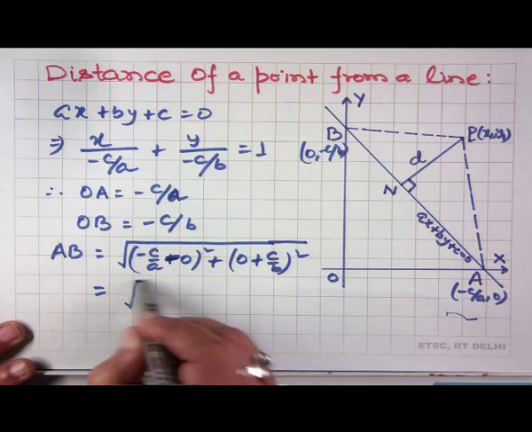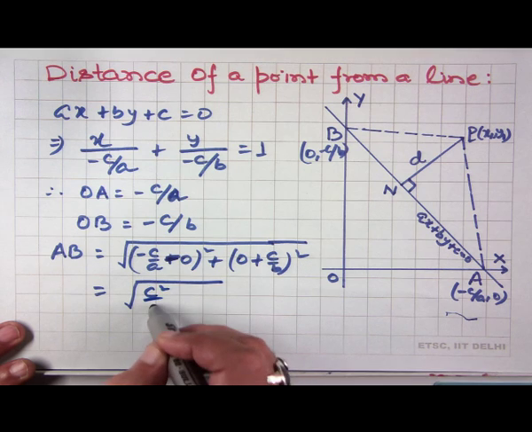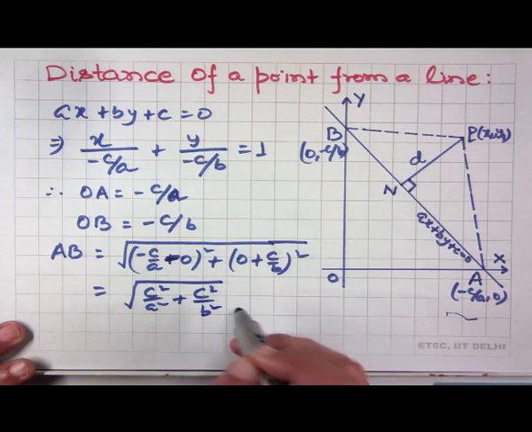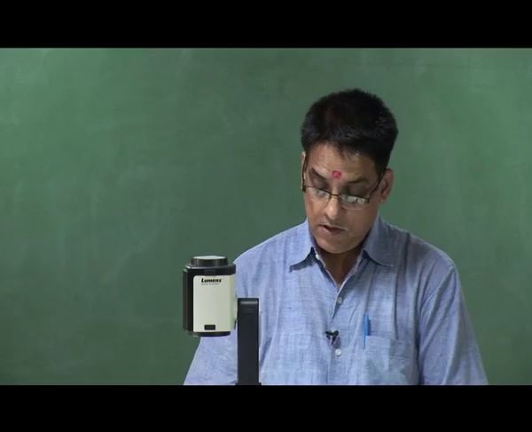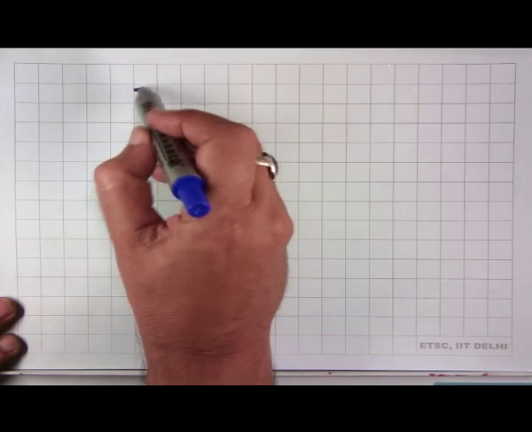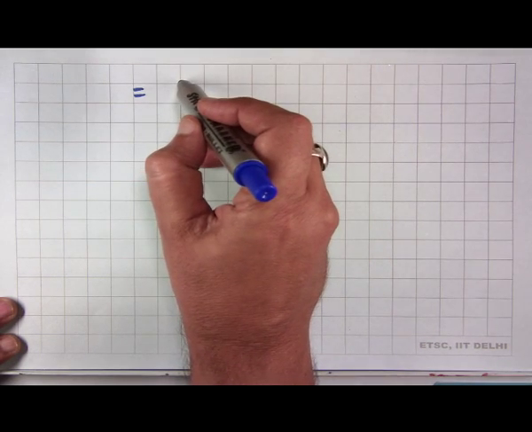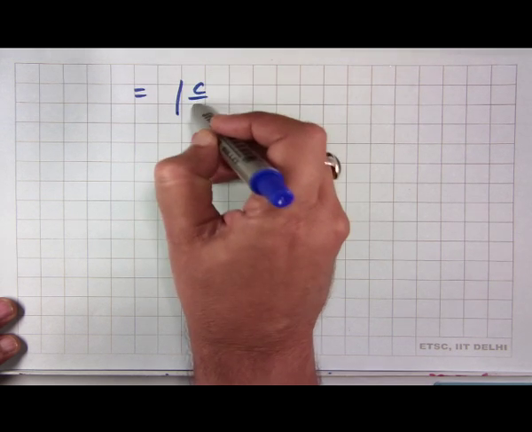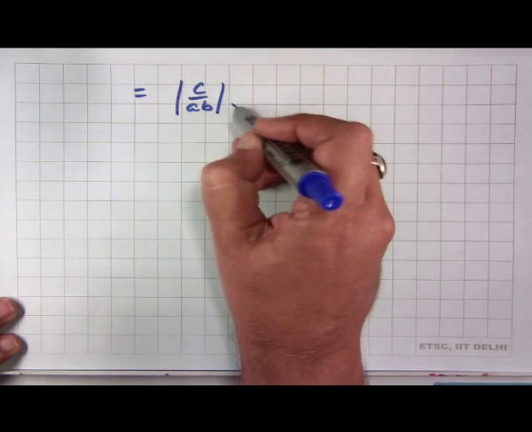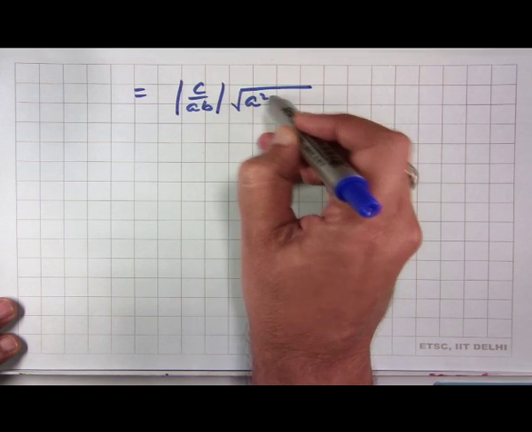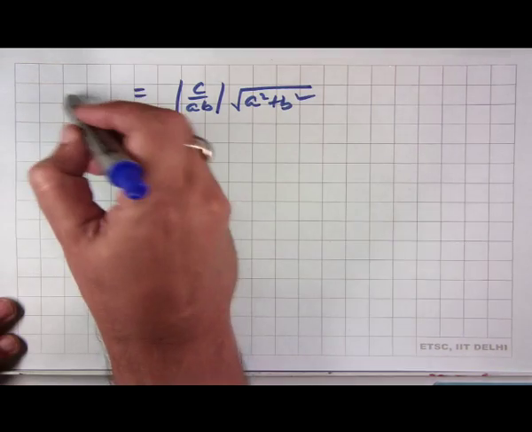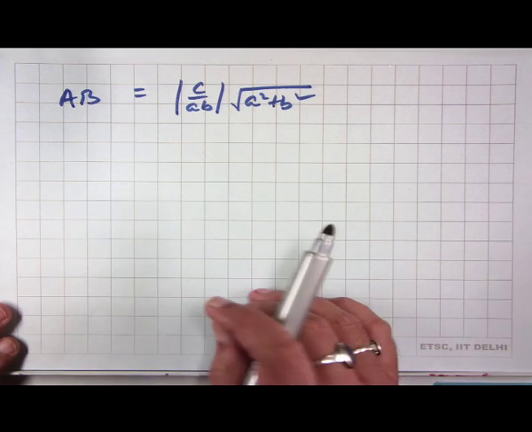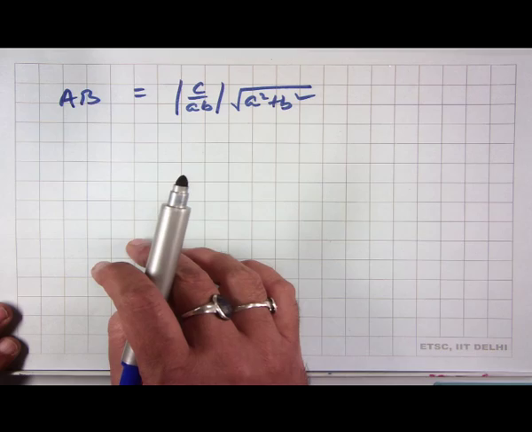So this is square root of c square by a square plus c square by b square, which is equal to mod c by ab into square root of a square plus b square. So AB is equal to mod c by ab into square root of a square plus b square.